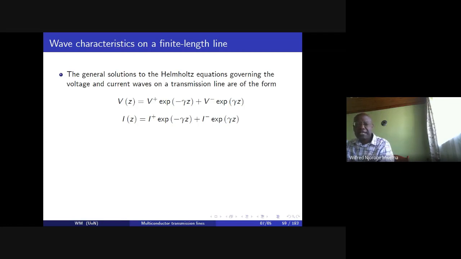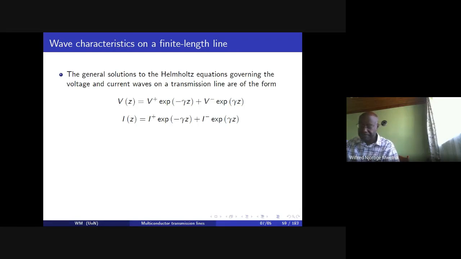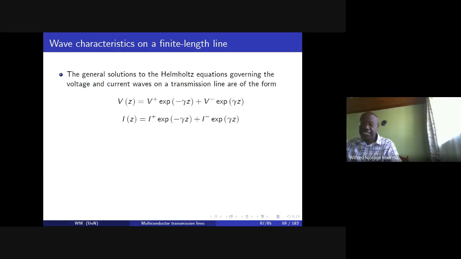What is the distance from, say, Mombasa to Malaba? 930 kilometers.